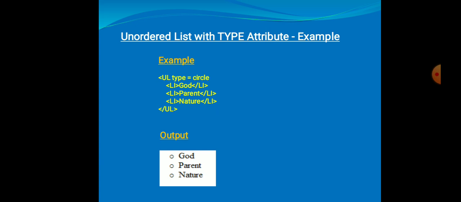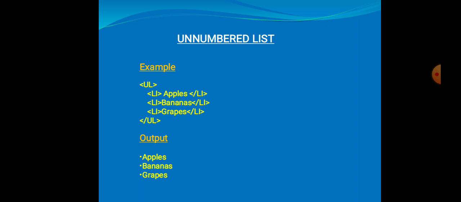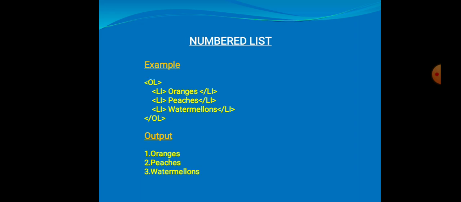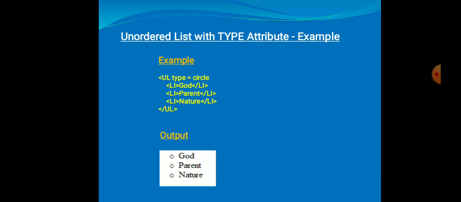That means I am telling the browser to display the list items with a small circle preceding each one. In this case, only a shaded circle is displayed, but in this case, a small circle is displayed.